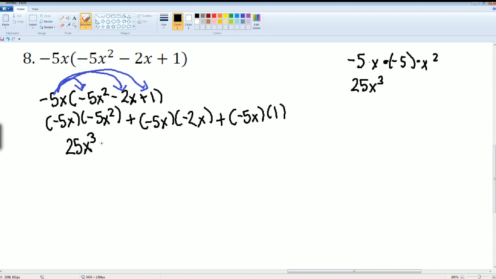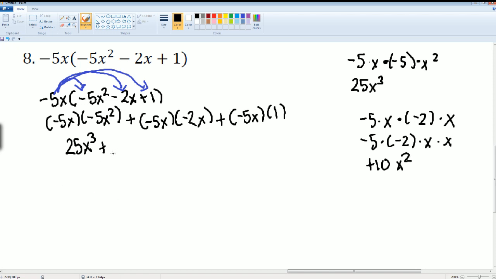Okay, add. Here I could write it on the side, negative 5 times x times negative 2 times x. Negative 5 times negative 2 times x times x. I'm just rewriting this. Negative 5 times negative 2 becomes a positive 10. There's 2 x's, so it's x squared. So this is add 10x squared. Okay, plus. Here, this is very straightforward. This becomes negative 5x because any number times 1 is just itself.